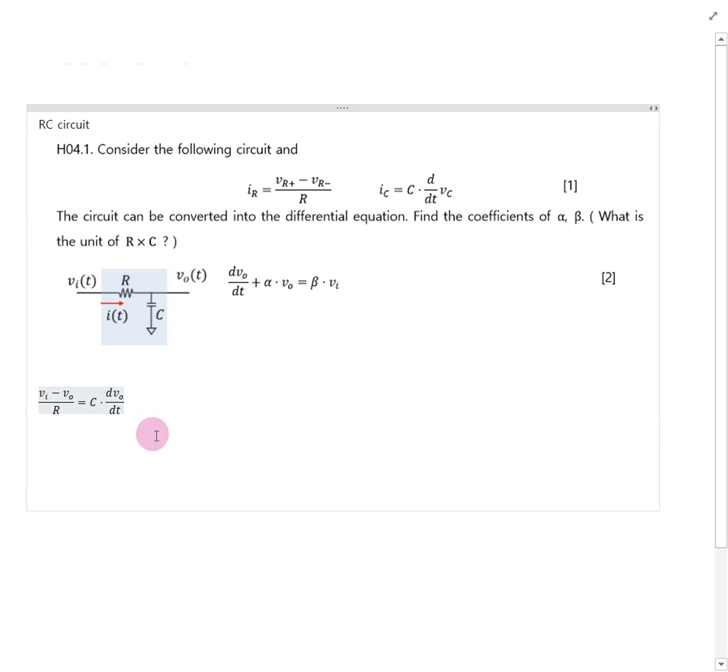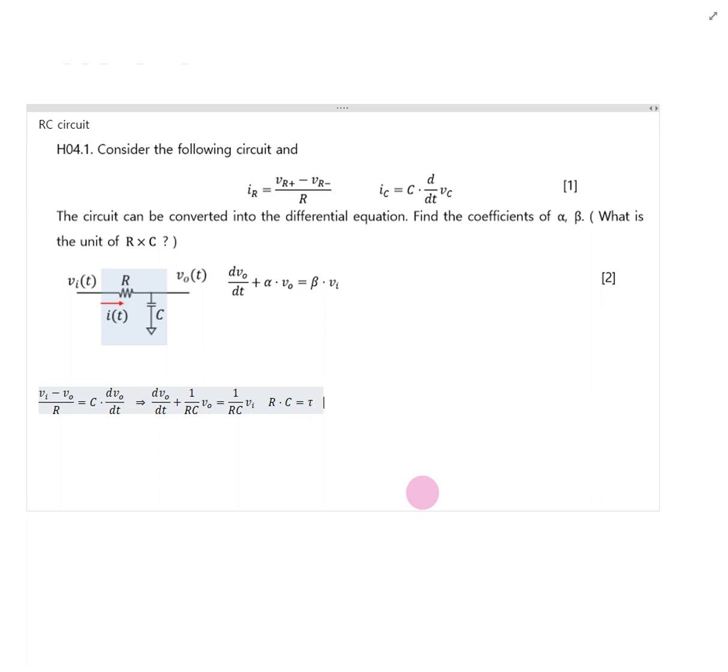Okay, so this system behavior can be rewritten this way: dVo over dt equals minus 1 over RC Vo plus 1 over RC Vi. Here the RC should have a time dimension, so a time unit. RC means some sort of time, so I would like to replace RC with the tau notation.